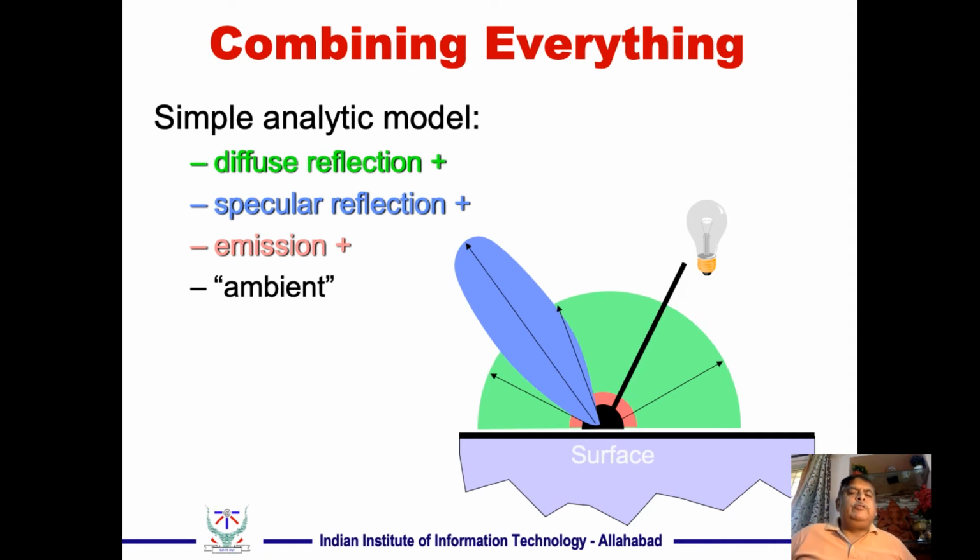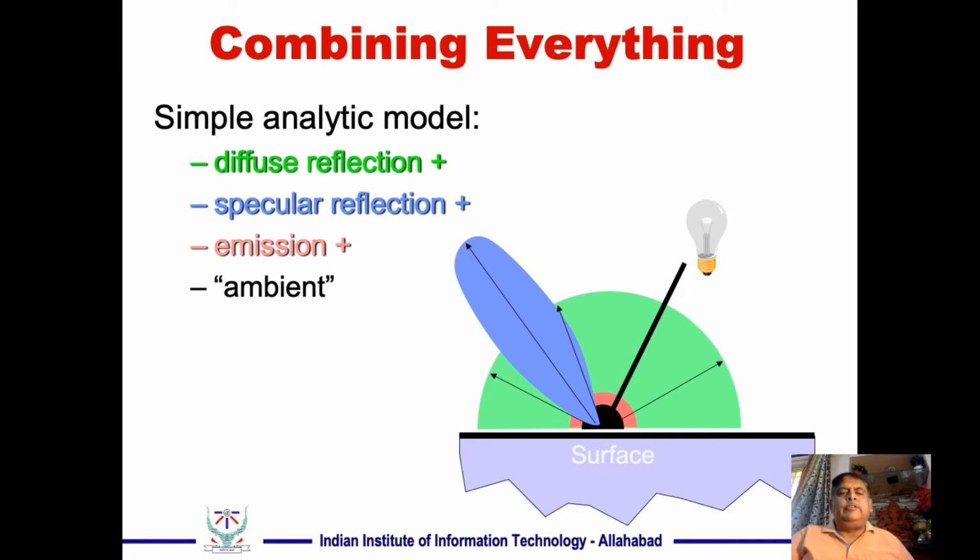I'll have a diffuse reflection, a specular reflection, an emission, and the ambient light. If I combine all of them, this is the pictorial or graphical model of illumination, showing all the types of illumination which have been considered for this model of illumination.